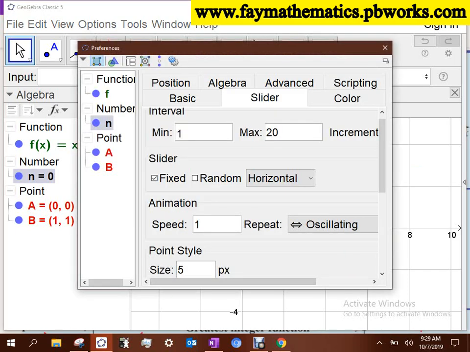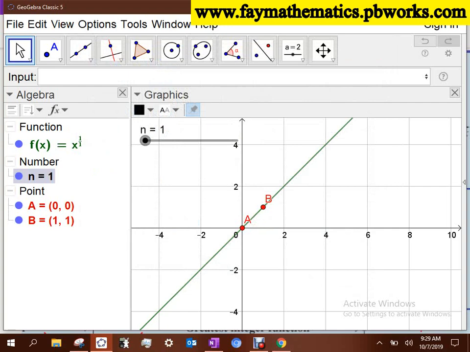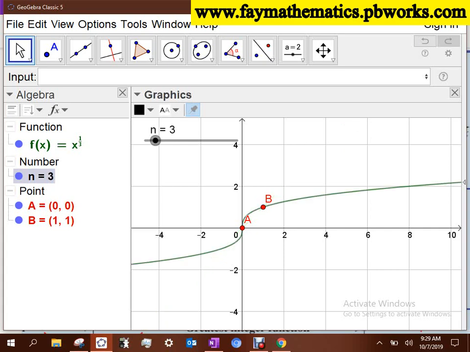Start at 1. Go to 19. All right, so we get, obviously x raised to the 1/1 is just a linear function, but then when I make this 1/3, there's my cube root, and then negative 1 will be on there.